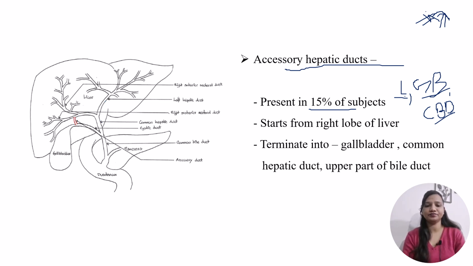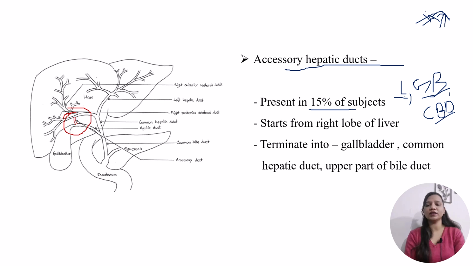As you can see here, these are the accessory hepatic ducts. So when the small ductal channels fail to fuse, it leads to the formation of accessory hepatic ducts in the liver, which is a normal condition, but it has surgical importance.